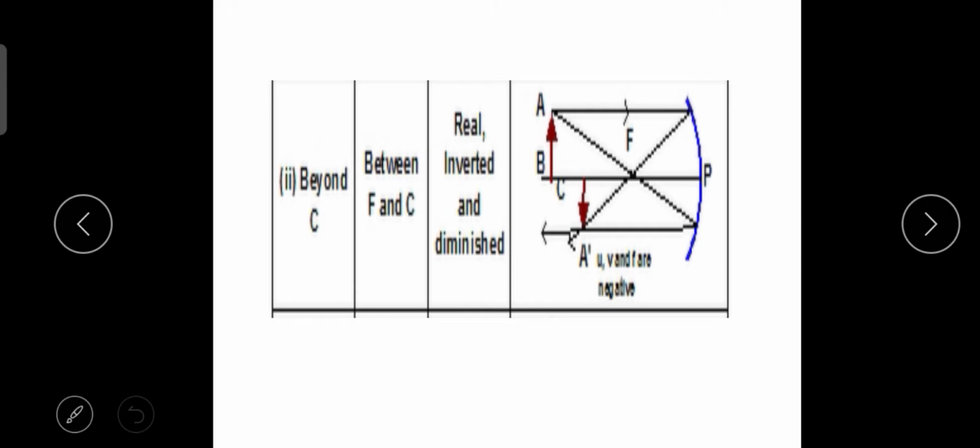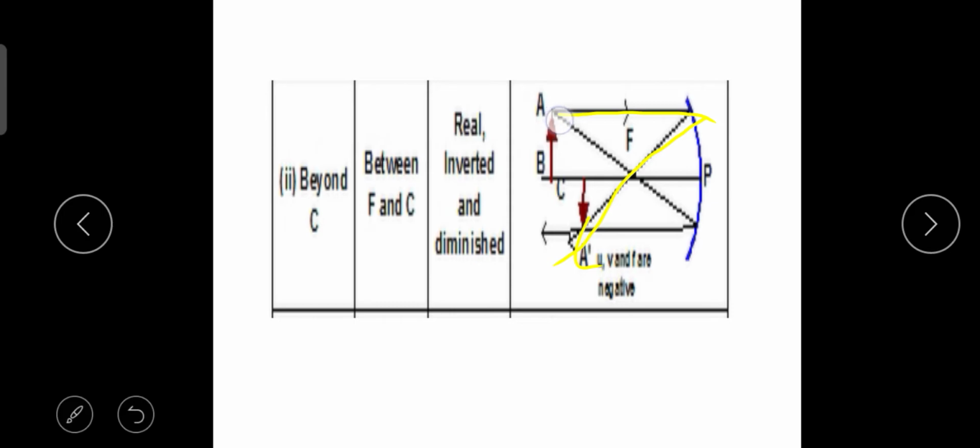Here from the position A, the light ray passes to the mirror. Since it is parallel to the principal axis, it is reflected back through the principal focus. Then there is also the possibility of a ray passing through the principal focus.